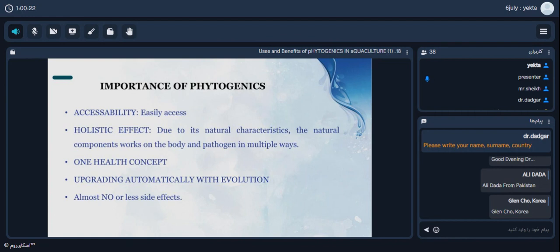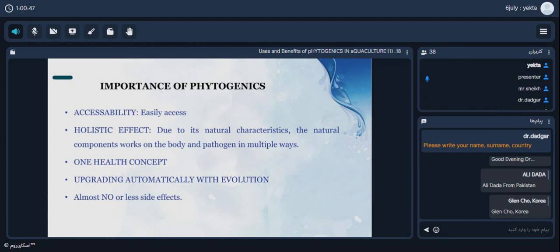Accessibility is easy. You can find natural components easily, and also they are cost effective. Holistic effect. Holistic means it is not targeted only, but it gives you benefit in several ways. One Health concept.